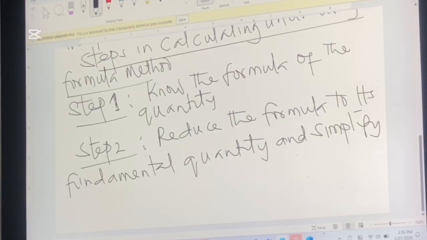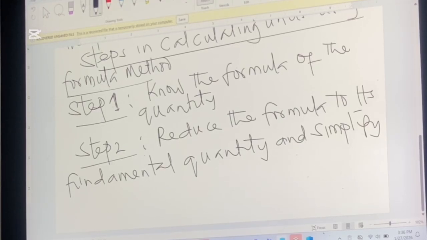Okay, the first step here is to write down the formula of the quantity. So if you're asked to calculate the unit of speed, the first thing you have to do here is to write down the formula of speed. Okay, now after then you can reduce the formula of speed to its fundamental quantity.